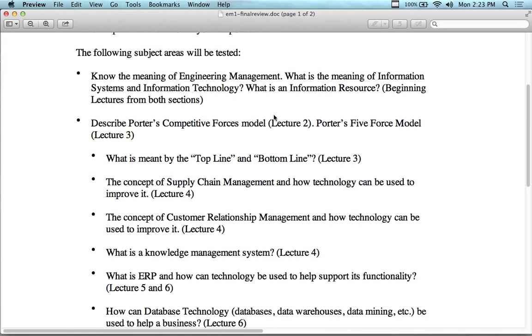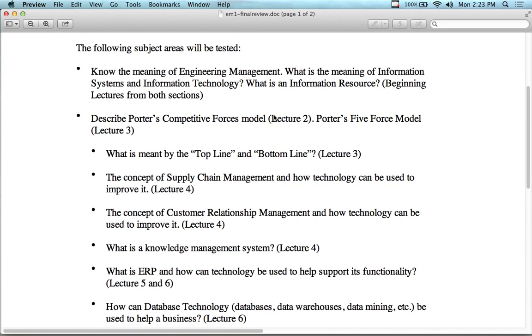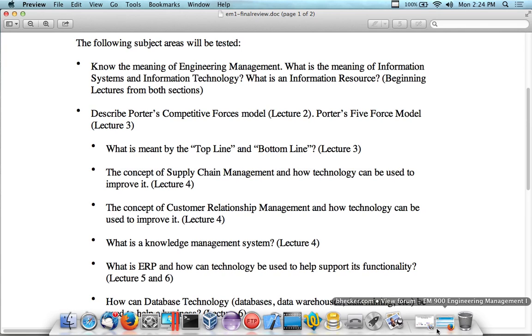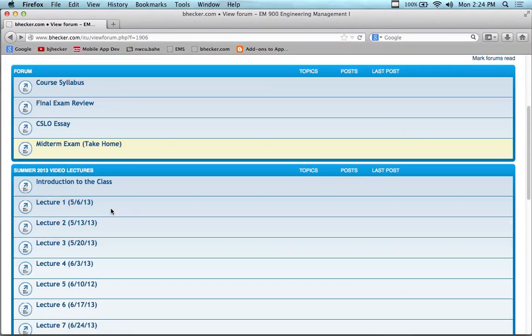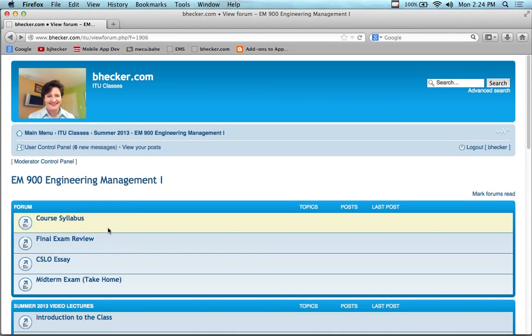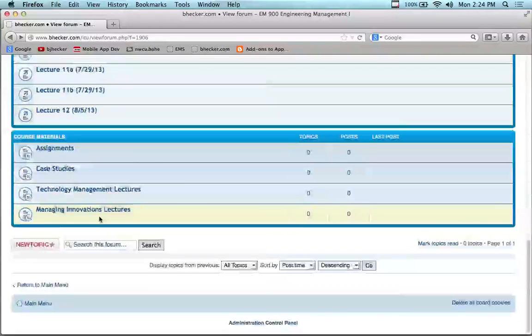So the next subject area is Porter's competitive forces model. It's in lecture 2, and then it's also in lecture 3. It was presented in lecture 2, and most people ask, which lecture 2 are you talking about? All of the ones I'm mentioning are in the first set, technology management.